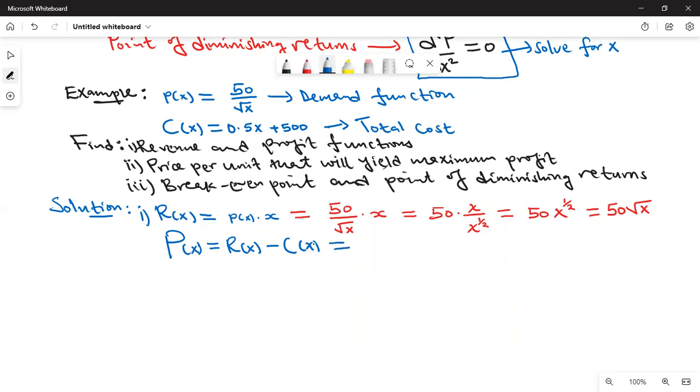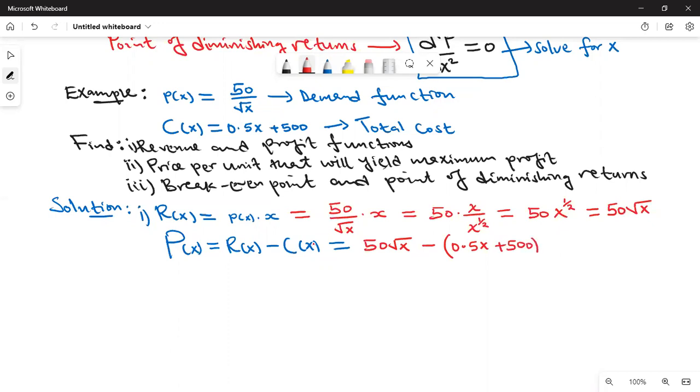And what will it be equal to? Take our revenue, which is 50 root X, minus our cost function, which is 0.5x plus 500.